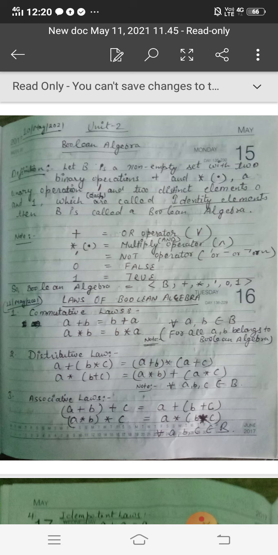Similarly, a cross (b plus c) is equal to (a cross b) plus (a cross c), for all a, b, c belongs to B. In distributive law, the way of learning is that there are two opposite symbols, plus and dot, in one equation. If plus is outside, dot is inside. Similarly, if dot is outside, plus is inside. In both cases, distributive law will be used. Just remember it. It is a very important law.